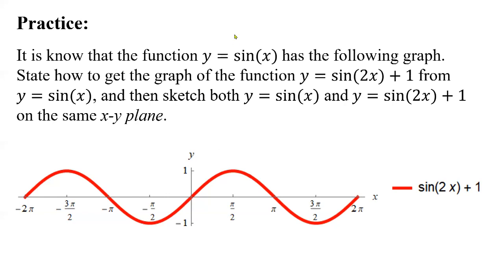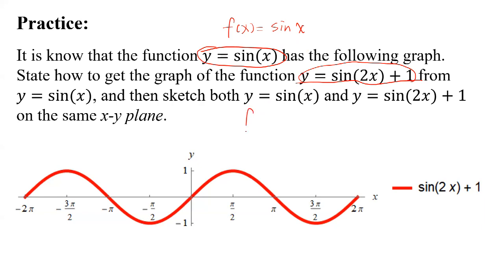All right, have you finished? So how do we do the transformation? This is our original function, right? Which is f(x) equals sine x. This is a new function. The new function is obtained from the original function, right?